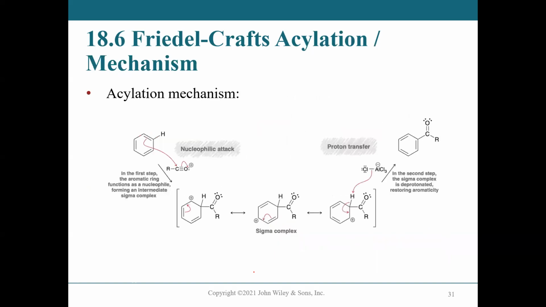Once we get past that, we see our acylation mechanism. We have our nucleophilic attack followed by the sigma complex and then the proton transfer. Same steps that we've seen for all the rest of the mechanisms in this chapter. And this group right here is your acyl group, right? So we formed our acyl group.